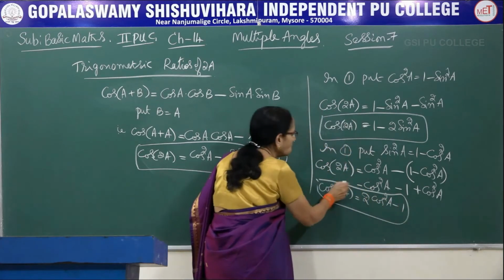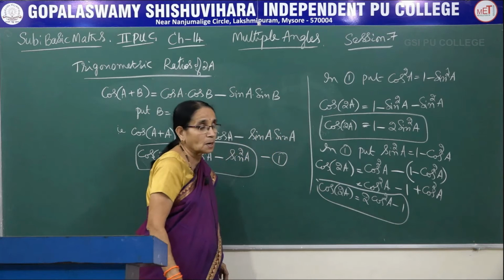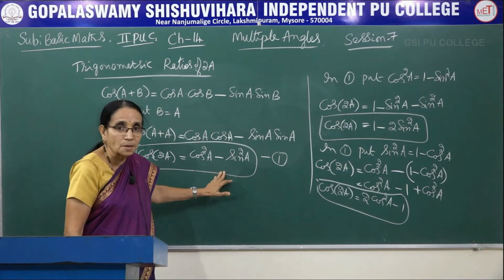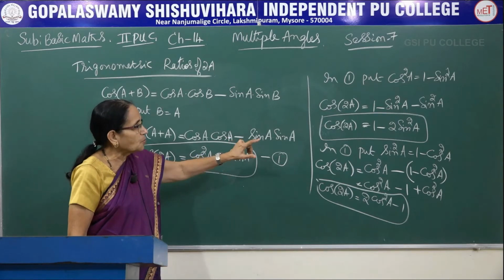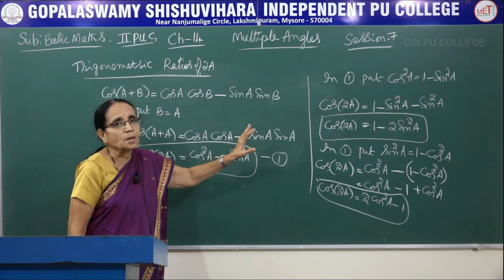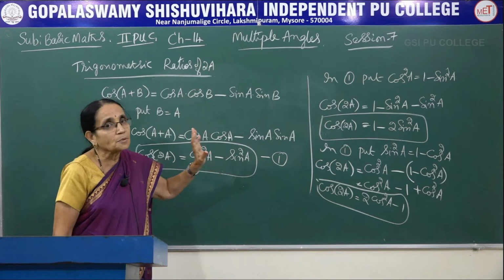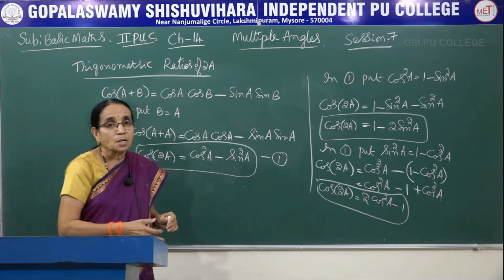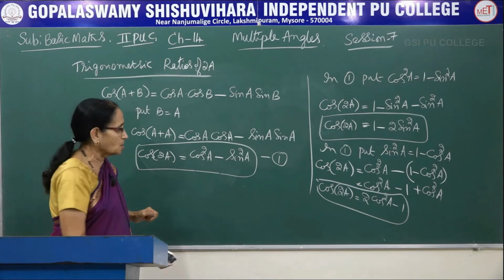Now this is the third expansion, third formula. So the first formula, cos square A minus sin square A, both cos and sin are present. In the second formula, 1 minus 2 sin square A, it is purely in terms of sin function. Third one, 2 cos square A minus 1, it is purely in terms of the cos function.